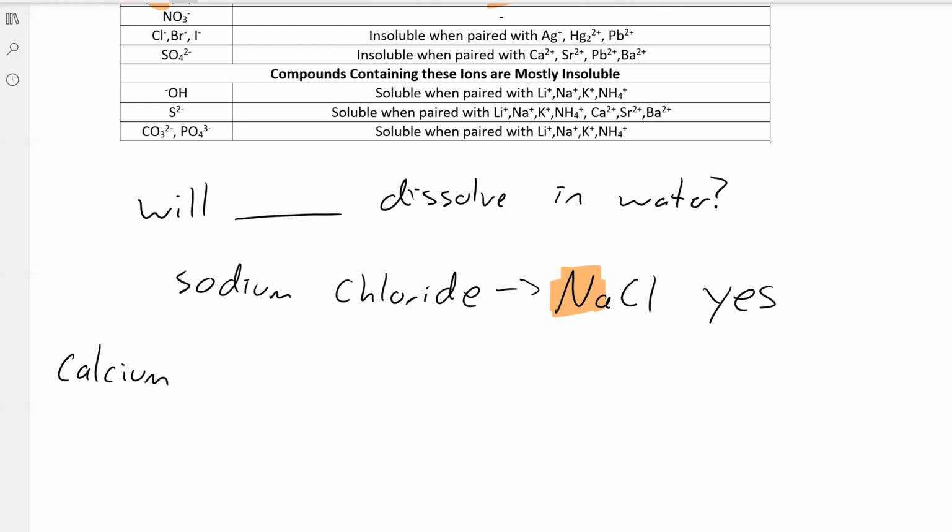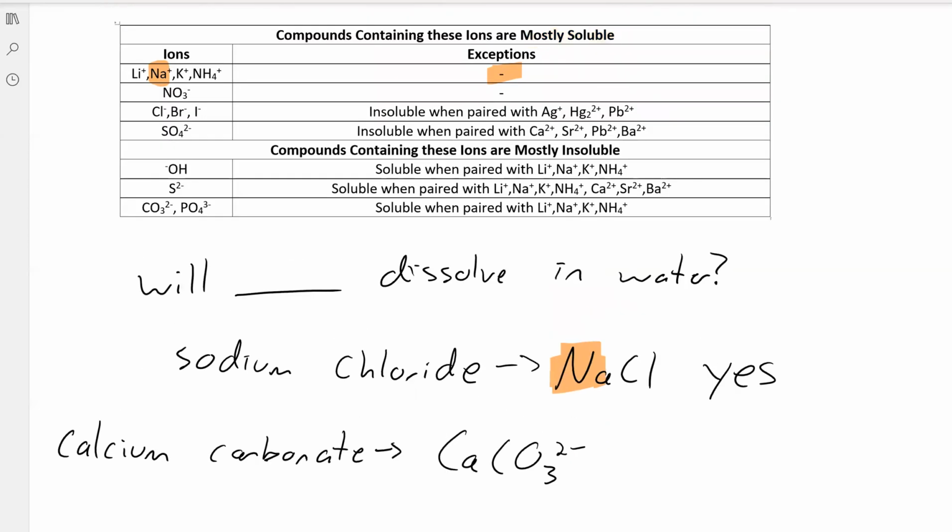Then we have calcium carbonate. So again, we want to go from the name to the chemical formula. Calcium is Ca2+. Carbonate is one of our polyatomic ions, which is CO3 2-. And then we want to find our compounds in this table. So we have calcium over here. I don't see calcium anywhere in these ions. So let's go to the next part of the equation, which is this carbonate, CO3 2-.